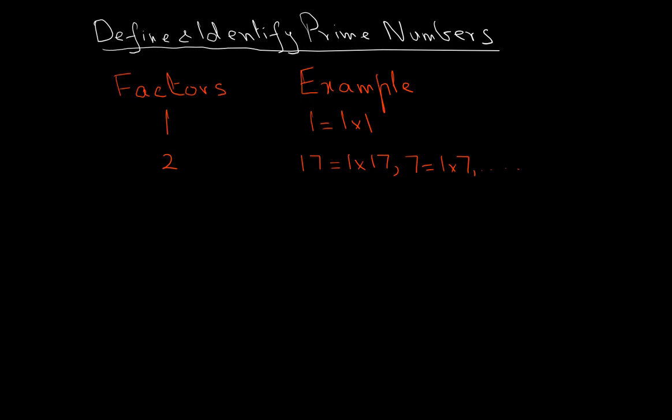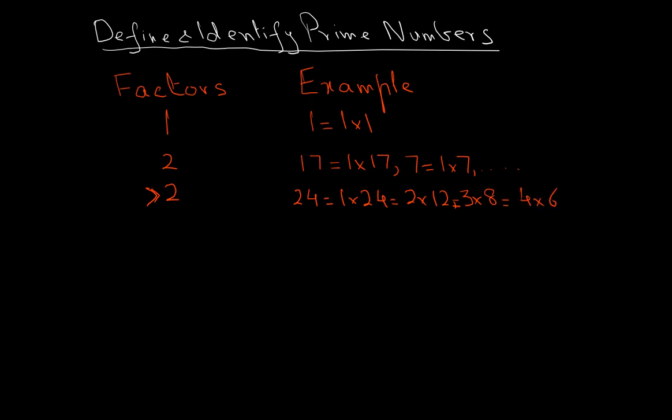Then there are numbers which have more than two factors, like 24, which you can write as 1 times 24, which is also 2 times 12, 3 times 8, and 4 times 6.